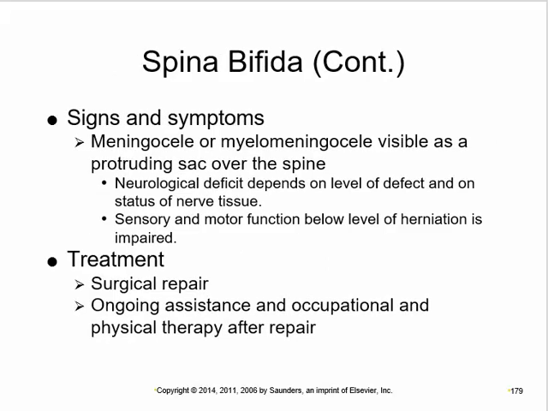The meningocele and the myelomeningocele are visible, protruding sacs of the spine. The deficit depends on the level of the defect and how badly the nervous tissue is impaired. Generally, sensory and motor function below the level of the herniation is impaired. So kind of the lower, the better.